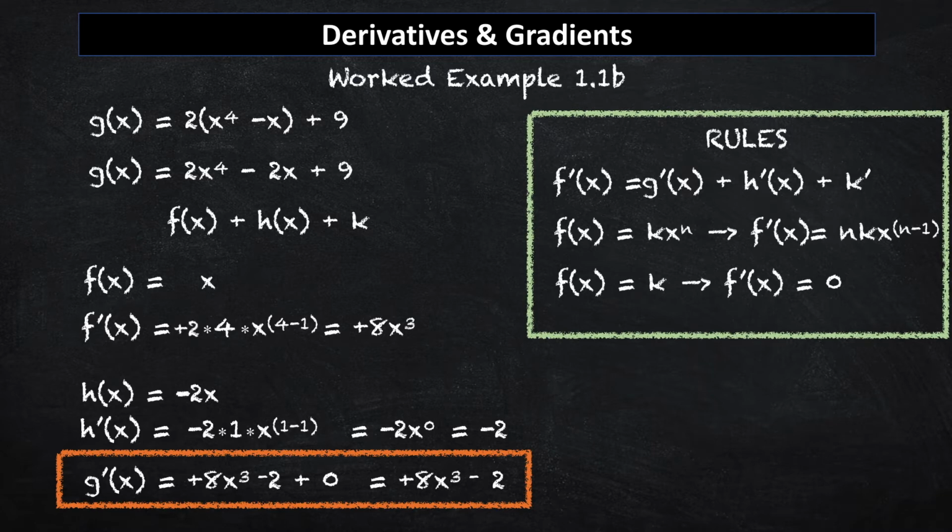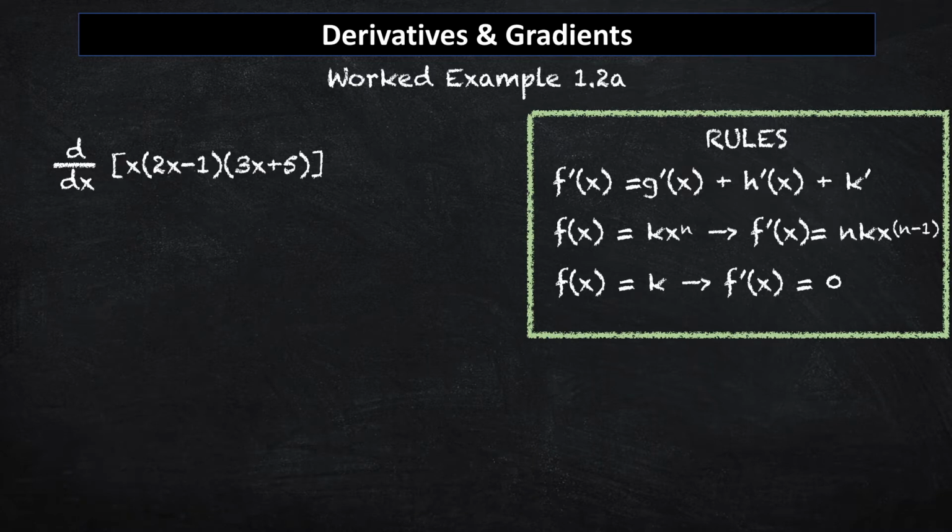Now we can look at another example where we have to compute the derivative of the function that is between parentheses. So the first thing that we have to do is to compute the multiplications between the members that are inside the parentheses. And so we can write that we have to compute the derivative of x multiplied by the term 2x multiplied by 3x is 6x squared.